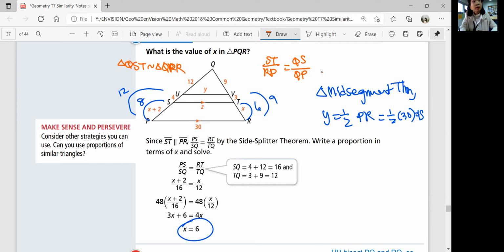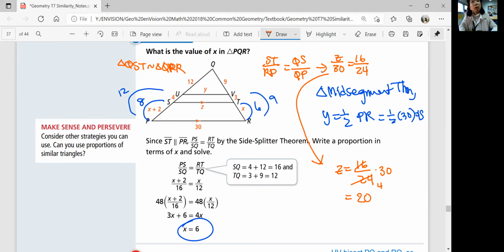So that means Z over 30 is equal to 16 over 24. Solving for that, let's go down here. Multiply 30 on both sides, you get Z is equal to 16 over 24 times 30. Simplify, it's 20.